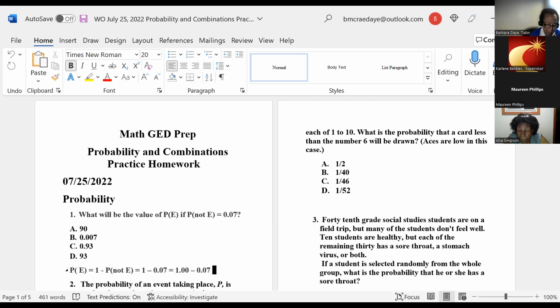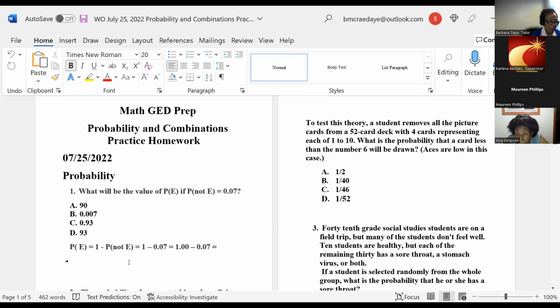What do you get? Let's do a subtraction. 1 minus 0.07. Okay, so 1 minus 0.07.